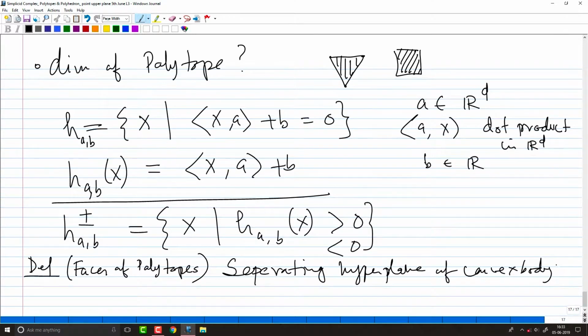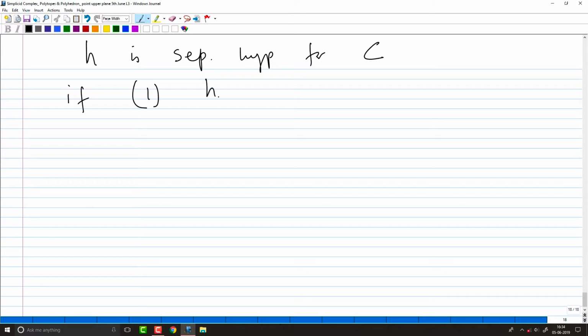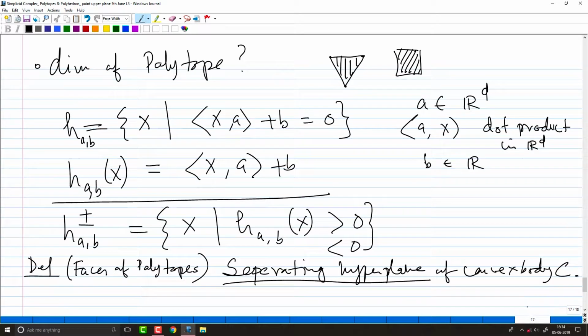Say we have a convex body C. How is it defined? H is a supporting hyperplane for C if, one, H intersection C is not equal to empty, so it intersects. I said separating, I am sorry, I should use the word supporting.